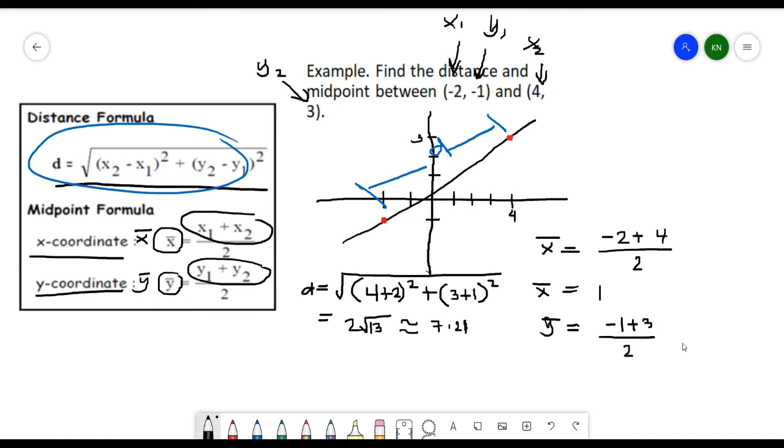That gives us the result of 1. So our midpoint of this line is here, since this is x equals 1 and this is y equals 1. Our midpoint is at this point.